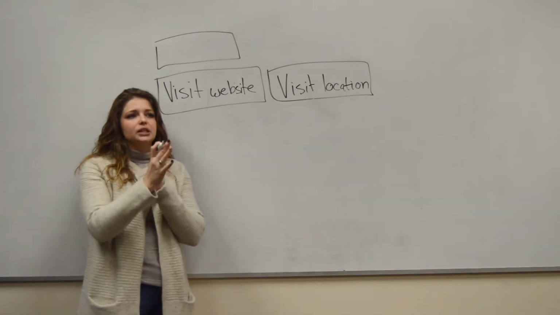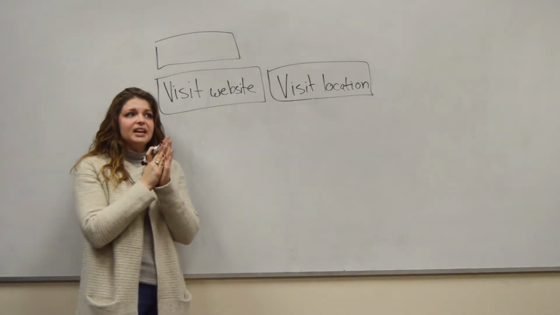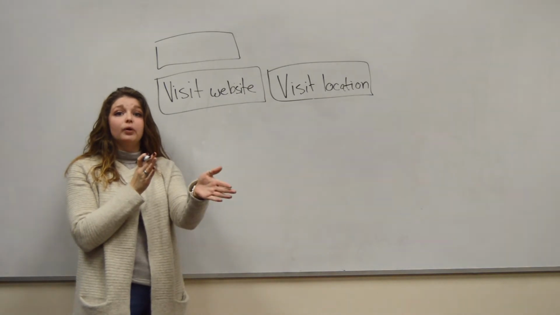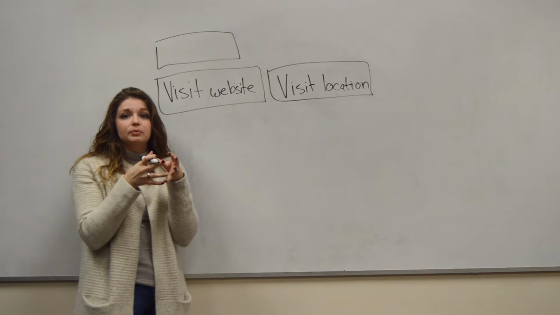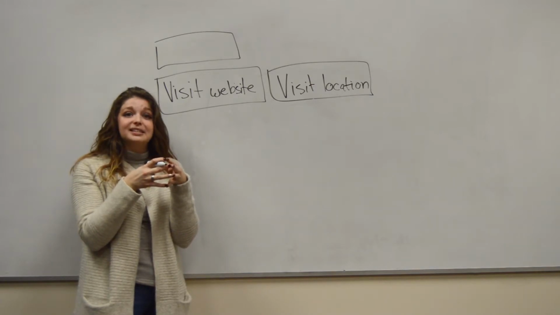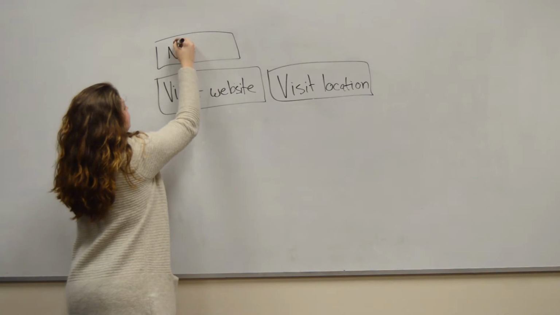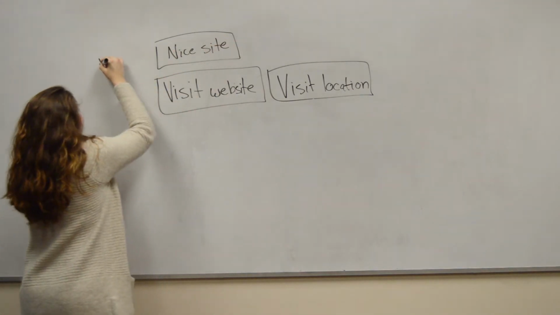We also want it to connect with them personally. If we're trying to market to a specific demographic, to a specific group of people, we want it to connect with them. And we want them to be attached to our brand and say, this is something I want to be a part of. So we have the desired reaction up here.